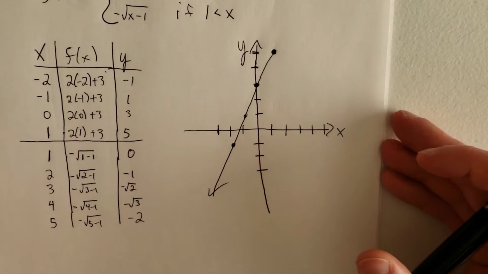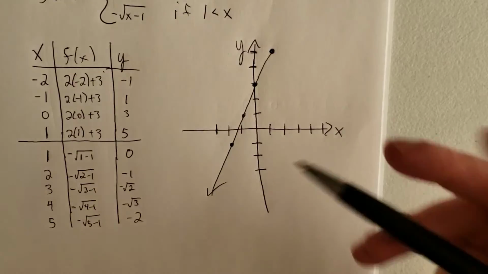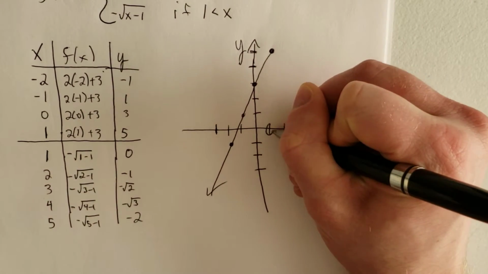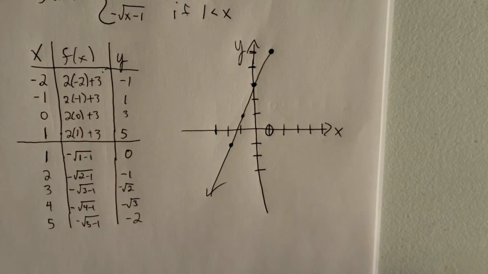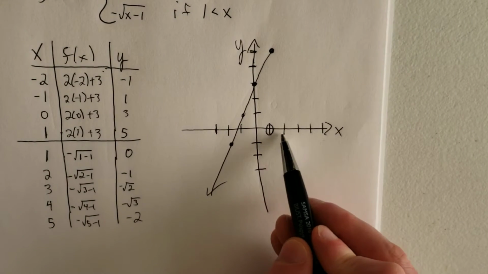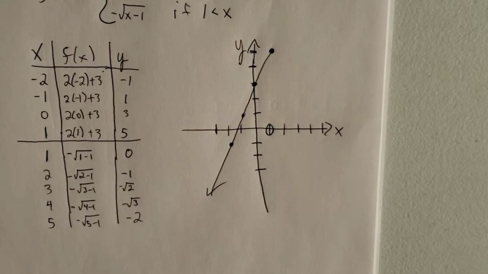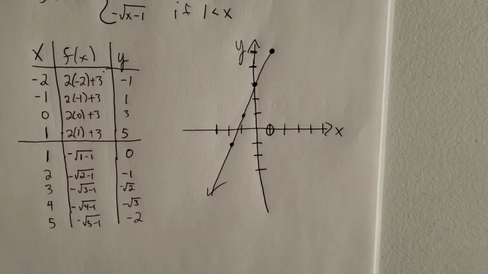Except that's not actually in our graph. So when I go to plot 1, 0, I'm going to do it with an open circle to represent the fact that that point's not actually in our graph. But everything just to the right of that will be in our graph. So I want to go ahead and make that point to give us that representation in the graph.